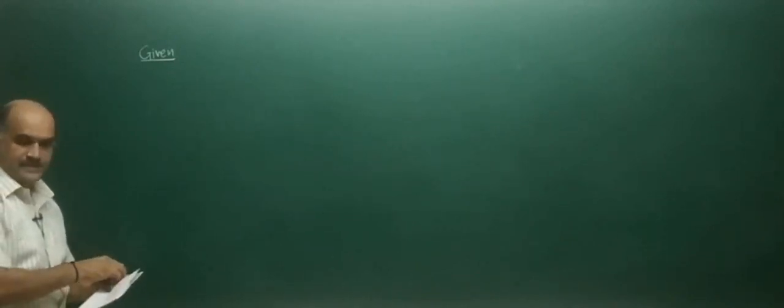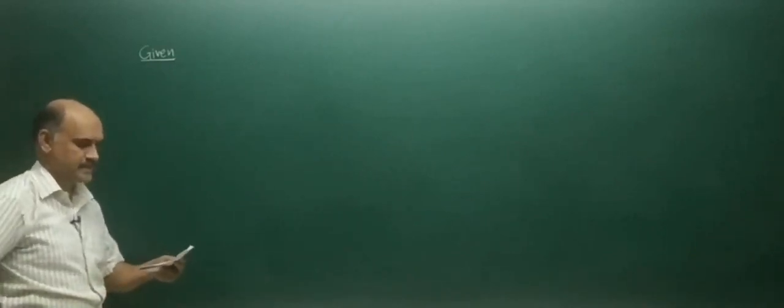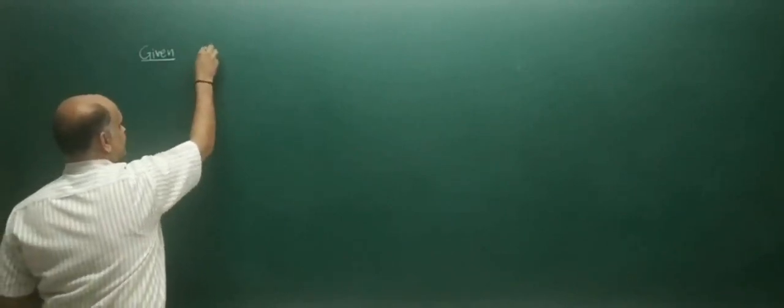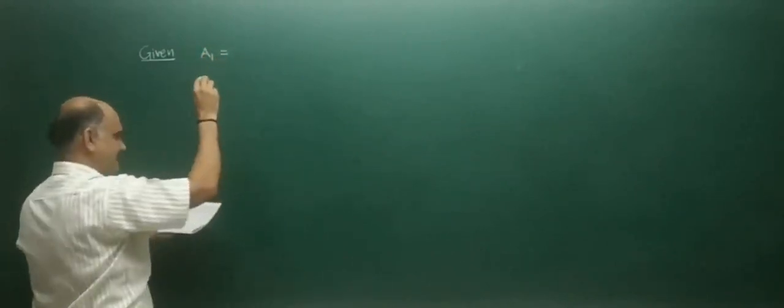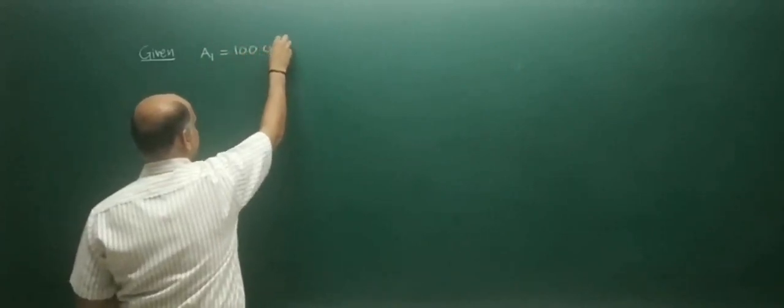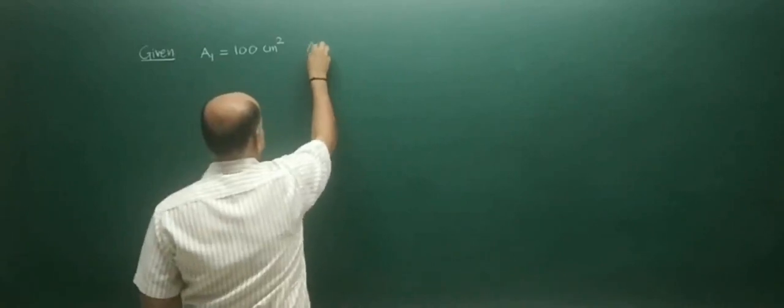So the third one. Two parallel plate air capacitors have plate areas 100 centimeter square and 500 centimeter square. So given is A1, area of the first plate, 100 centimeter square. Then area of the second plate A2, 500 centimeter square.